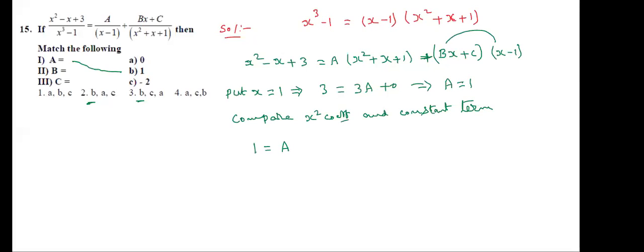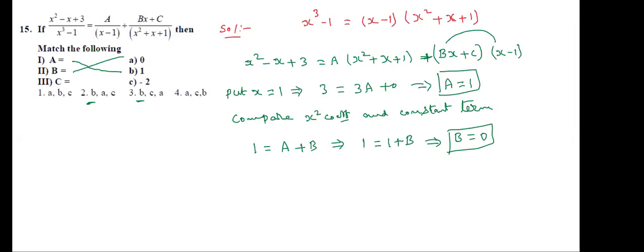If you multiply these two, then you will get b. Already you know very well the a value. Substitute: 1 is equal to 1 plus b. 1 cancel. Now we get b value is 0. B is 0. B is a. Yes. Which option is correct? Second option. Third option wrong.